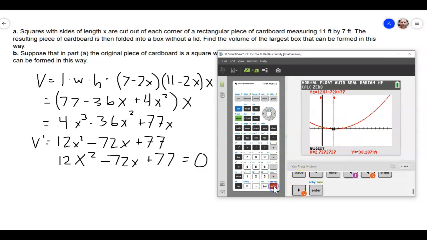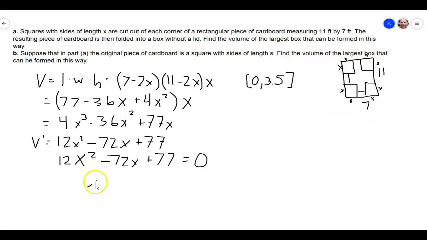So that looks good. Enter and enter, and it looks like it's going to end up being some kind of irrational number here. So probably a good thing I didn't try to factor that. So I'm going to use 3 decimal places. So that's 1.393. So x is equal to 1.393.